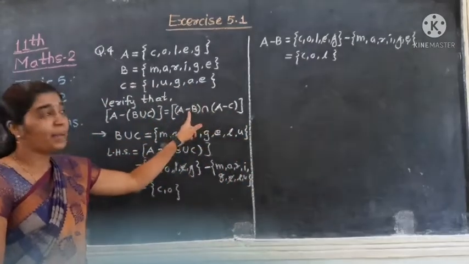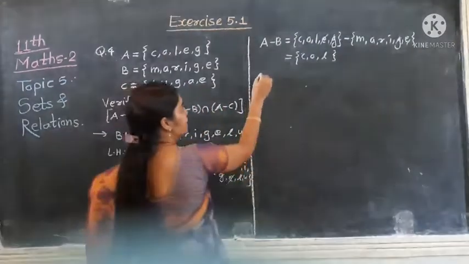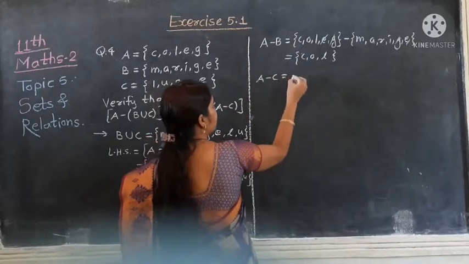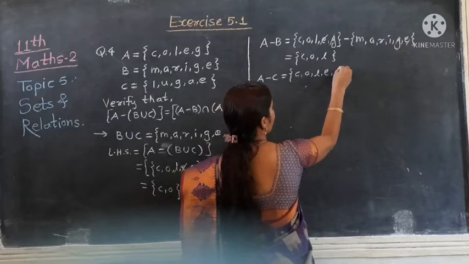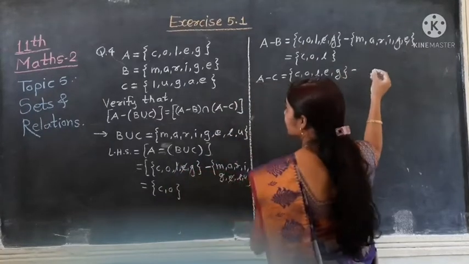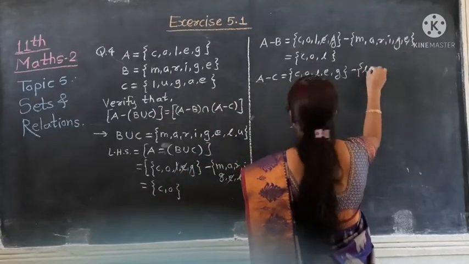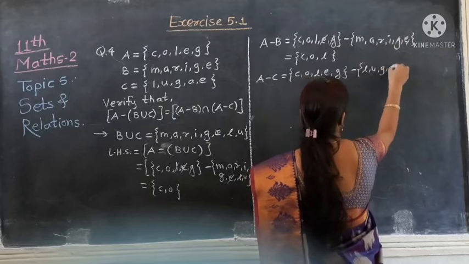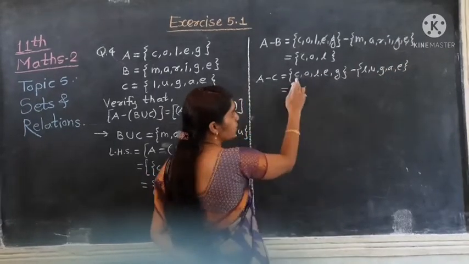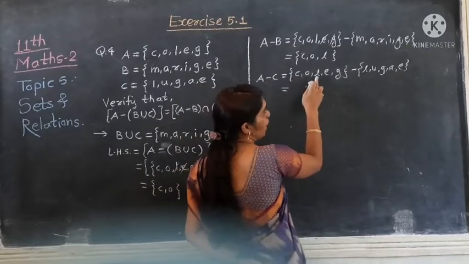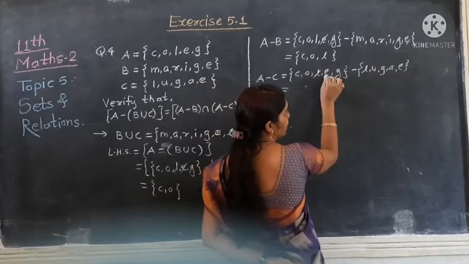Next we find A minus C. First write set A and then write the C set. C set is L, U, G, A, E. So you subtract, C is there? No. O is there? No. L gets cancelled.